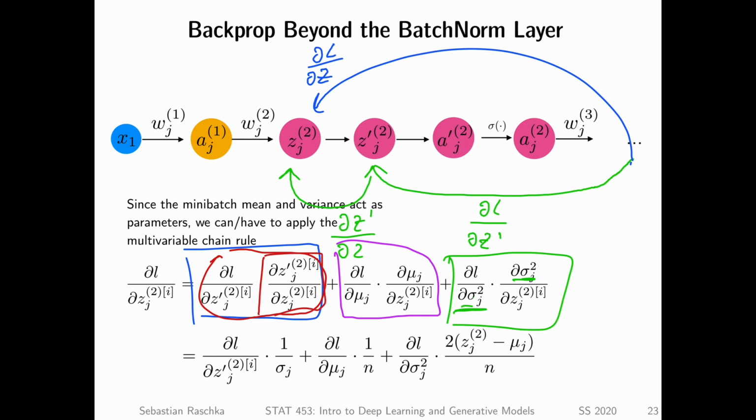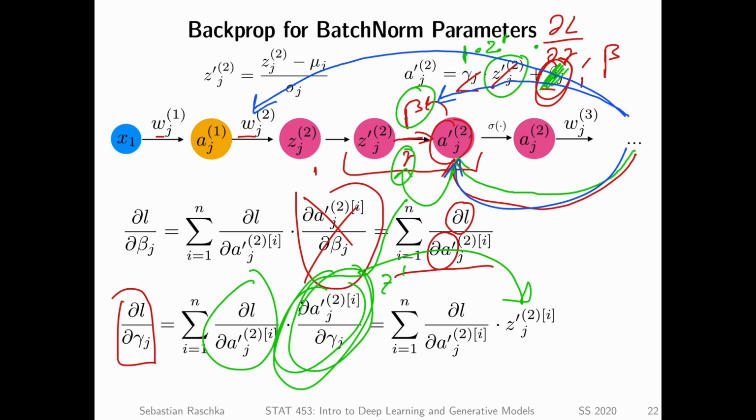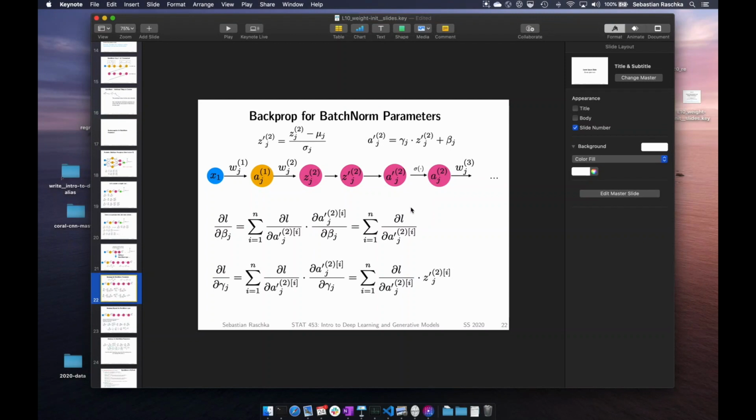The left part is almost the same as what we've done in the previous slide, because instead of computing it with respect to this beta, we would compute it with respect to this z. It's a little bit crowded here.